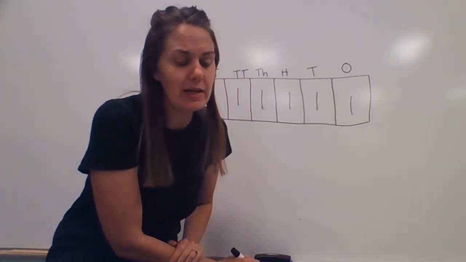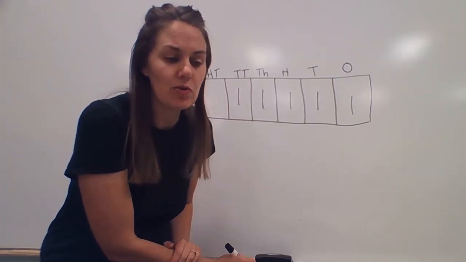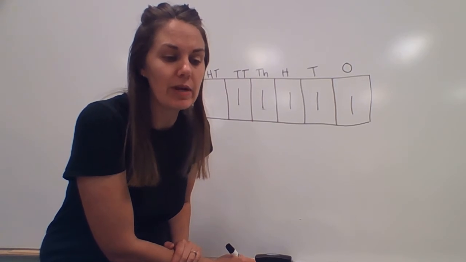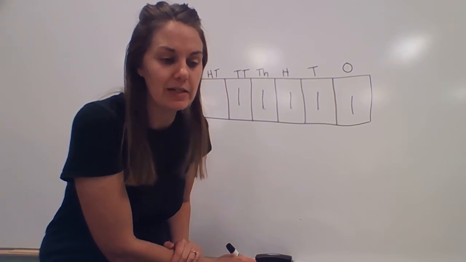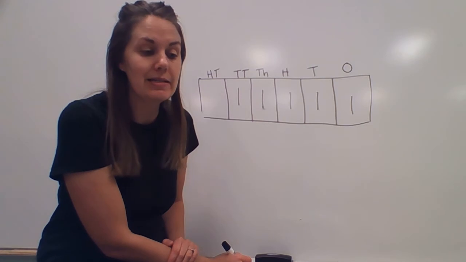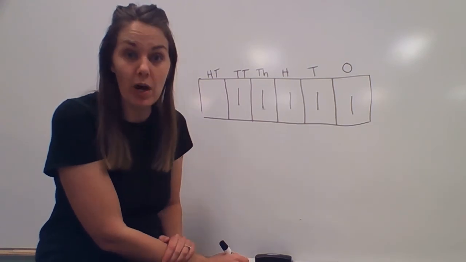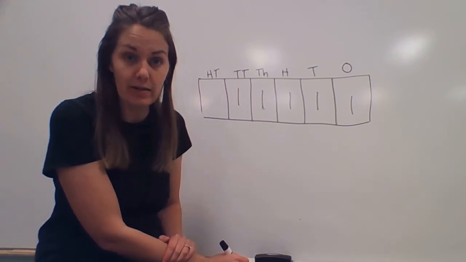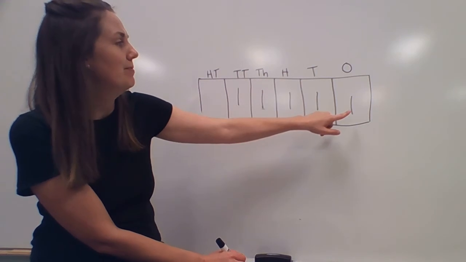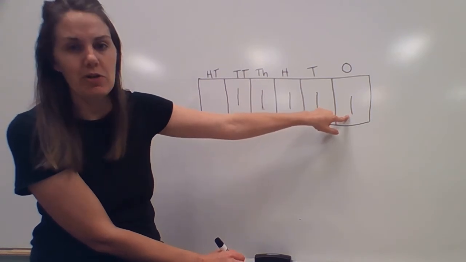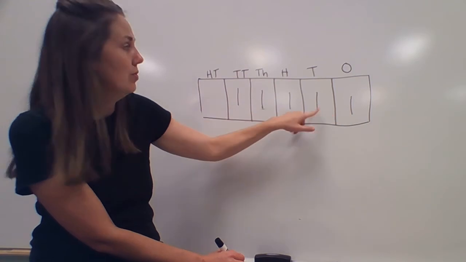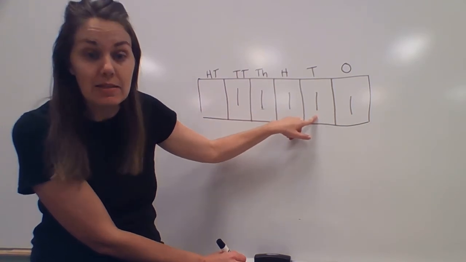Now below that, it says describe how each place is related to the place next to it. So A says 10 ones is 1 blank. We know that when we have 10 ones, we switch over to the next place value, which is tens.